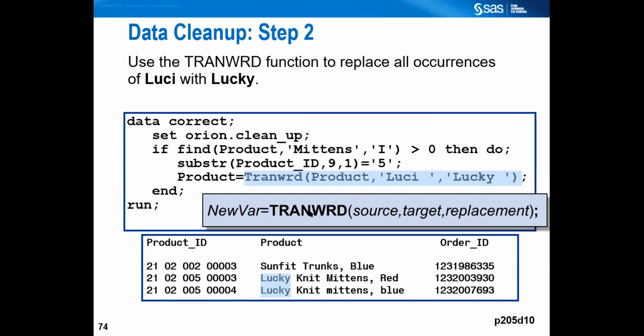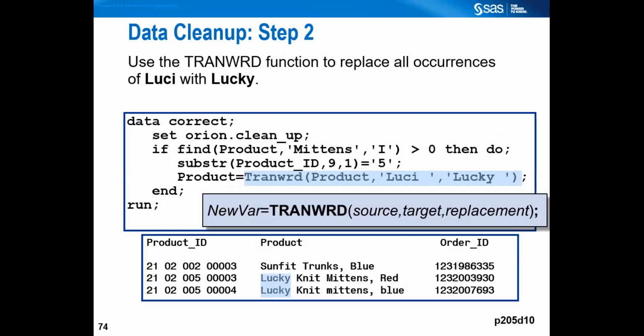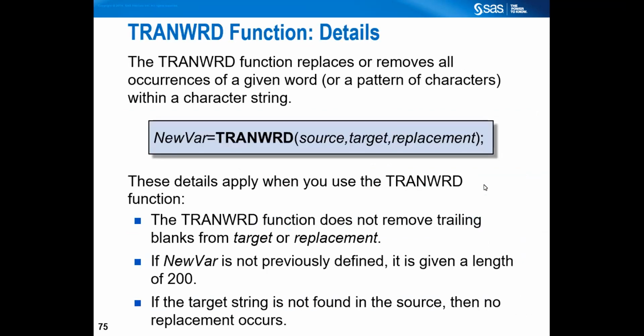All right. So it's tran word. Simply we call it as transfer. But look at its syntax or its keyword, it's TRANWRD. So this is a simple way of replacing a specific word from your source with your target and your replacement. So what does this tranword function do? This tranword function replaces or removes all occurrences of a given word or a pattern of characters within a character string.